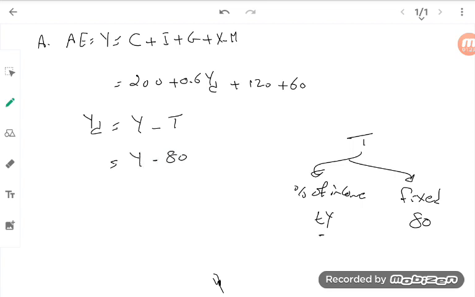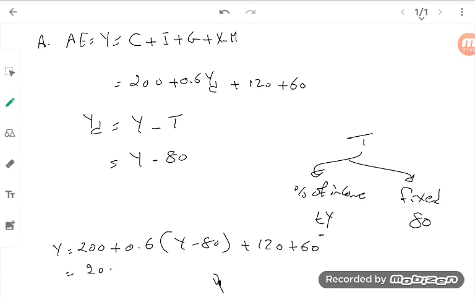Then we are going to substitute in the aggregate expenditure equation using YD. So we can write it as Y equals 200 plus 0.6 (Y minus 80) plus 120 plus 60.